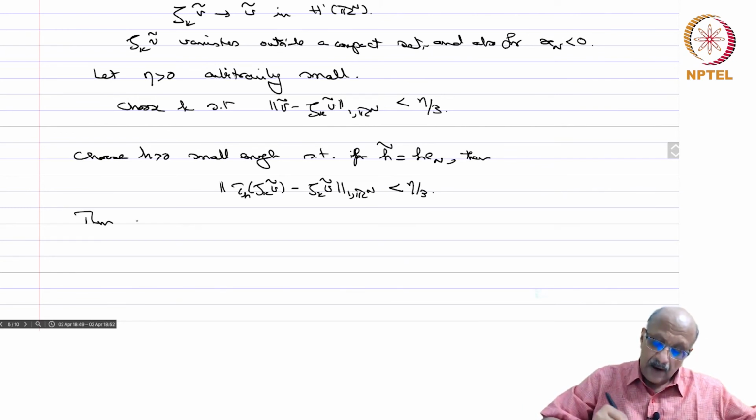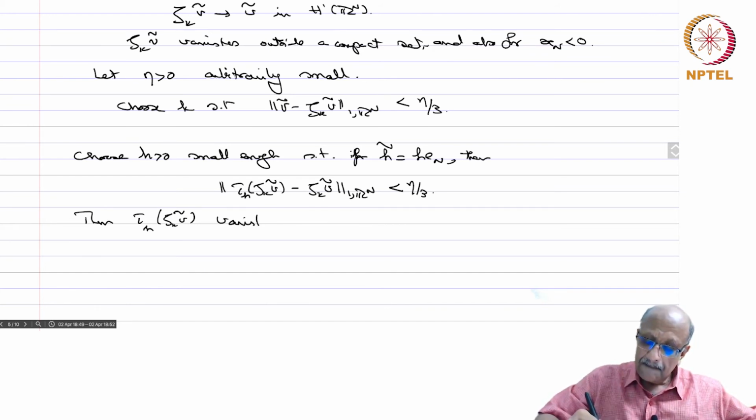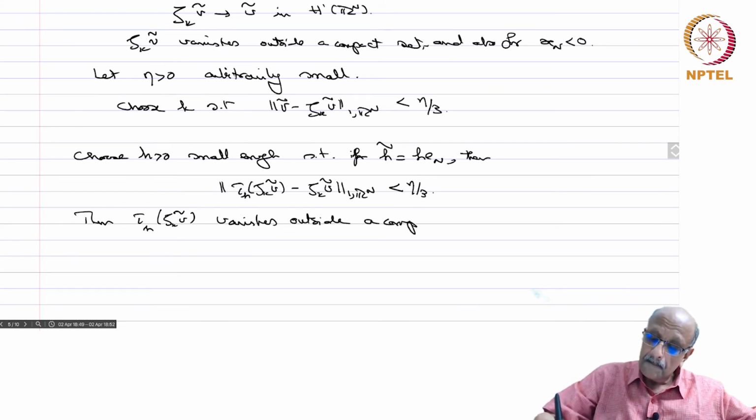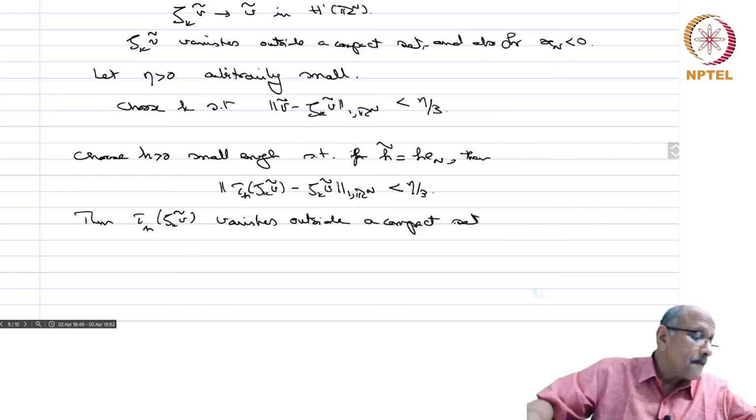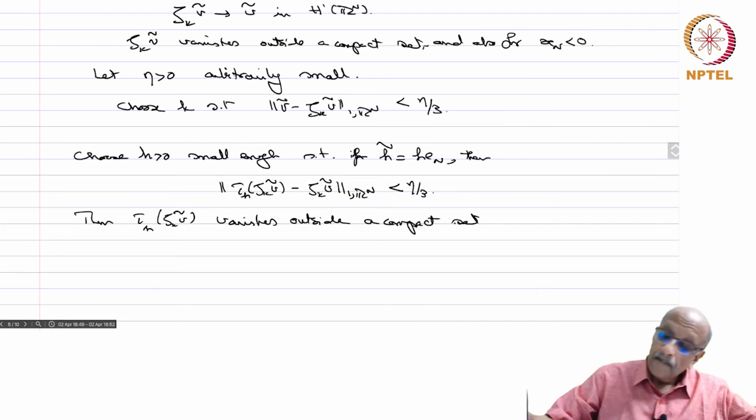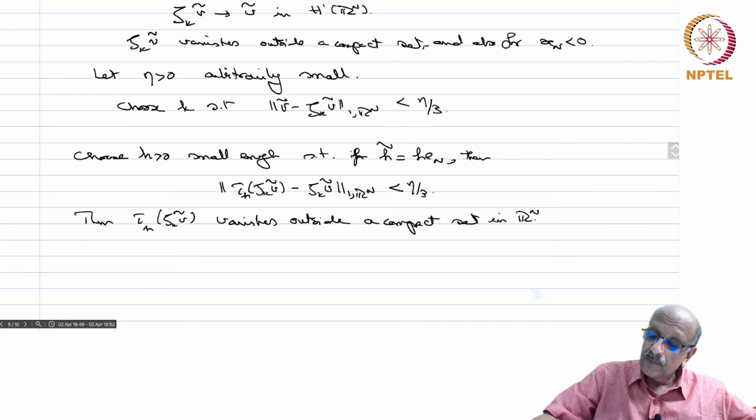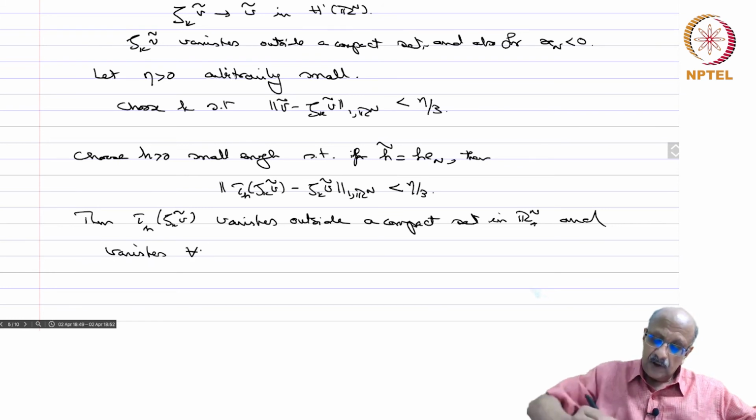Then tau h of zeta k V tilde has compact support, again vanishes outside a compact set in Rn plus, and vanishes for all x in Rn plus such that xn is less than h.